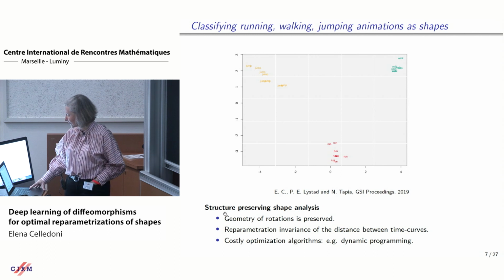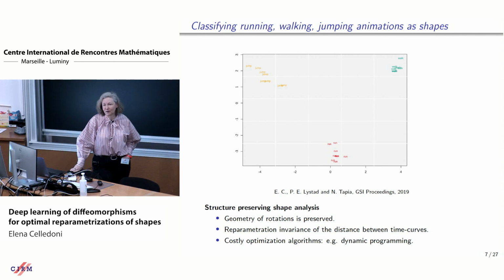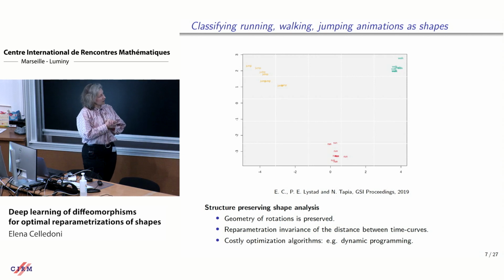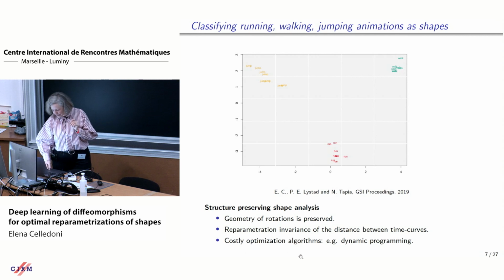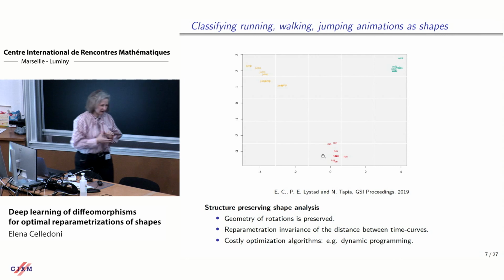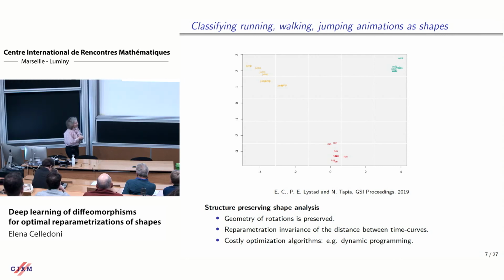And I don't think it would be possible to obtain similar results ignoring one of the two factors. The problem with this is that computing this reparametrization, or taking into account that curves are reparametrization invariant, is quite a costly matter. It leads to costly optimization algorithms.